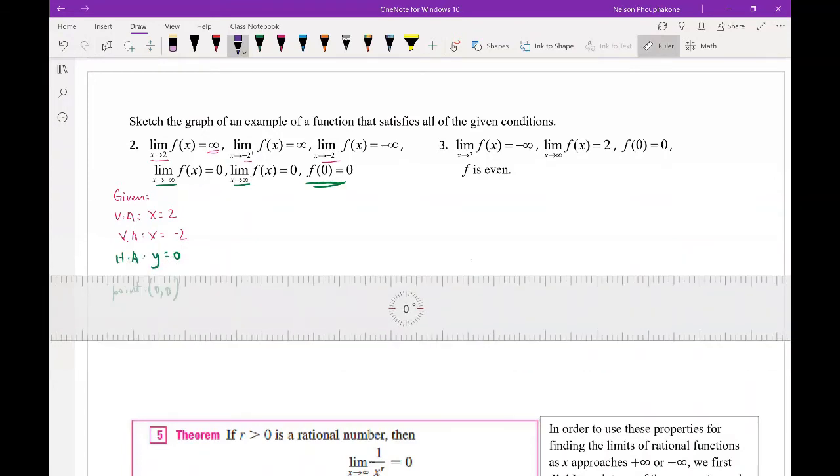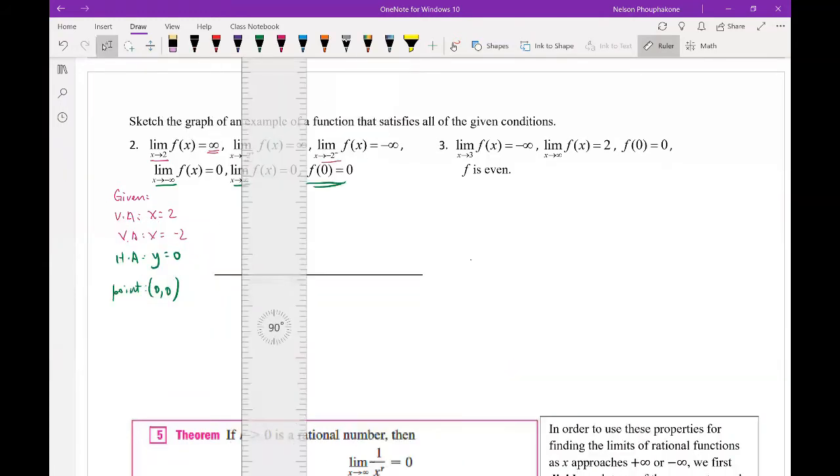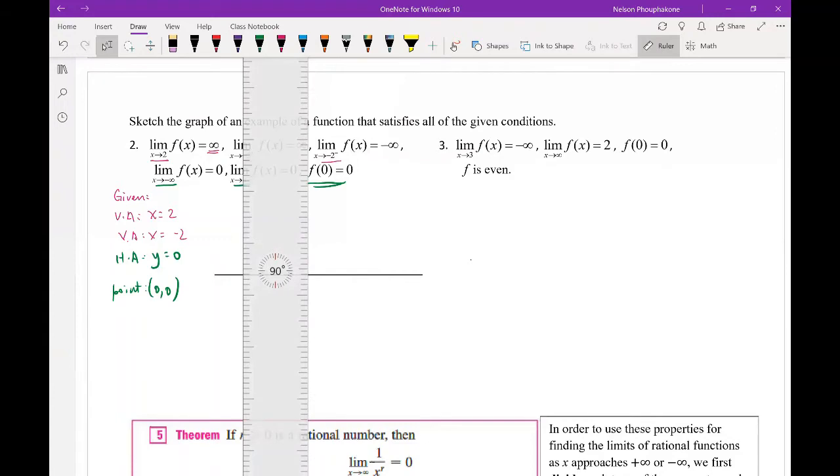So first, again, I would like to draw the x-axis and the y-axis, right?